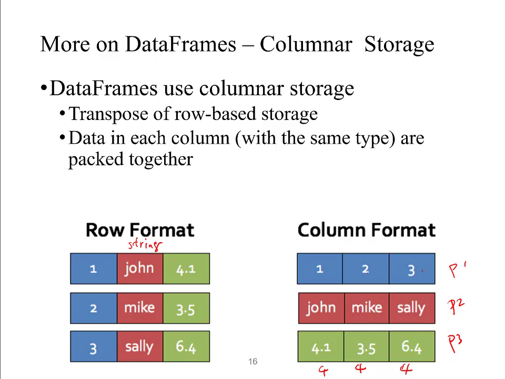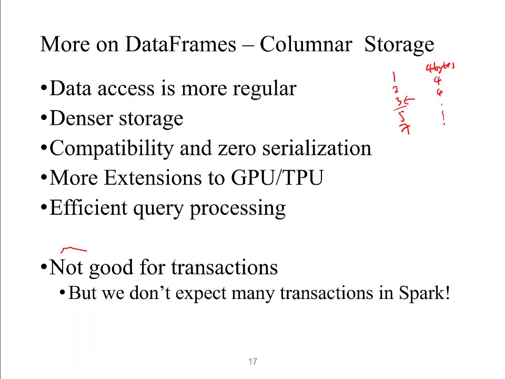So we would need some complicated offset computation to know where to access the number. This is the first point: the data access is more regular. Secondly, denser storage.